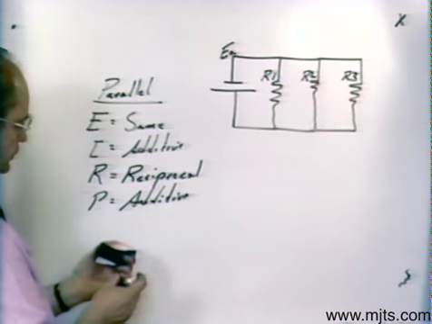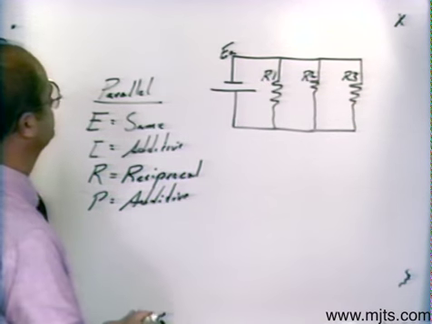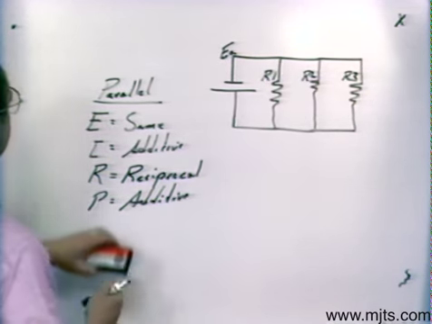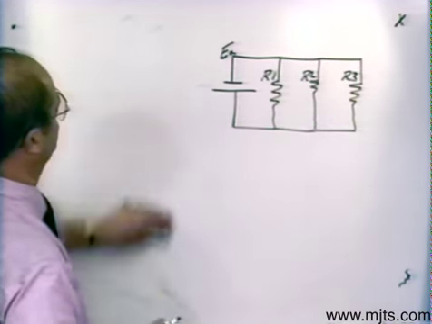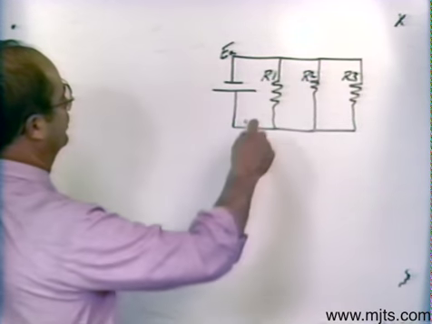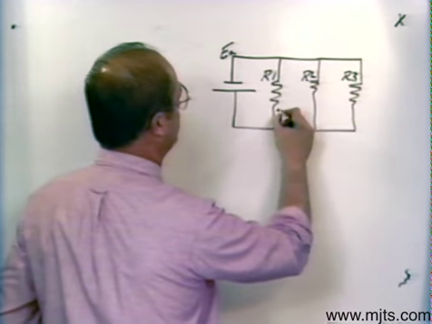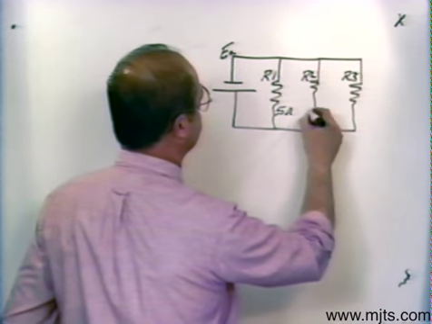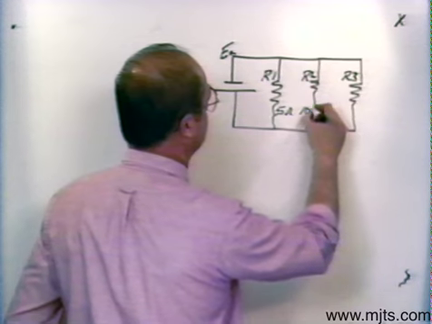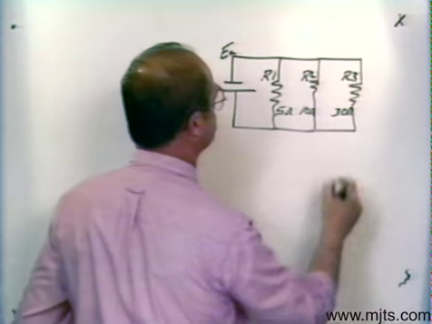I can show you some shortcuts, and we'll do that in just a little bit. Now, for the reciprocal method of calculating resistors, let's say we've got 5 ohms, 10 ohms, and 30 ohms up here.